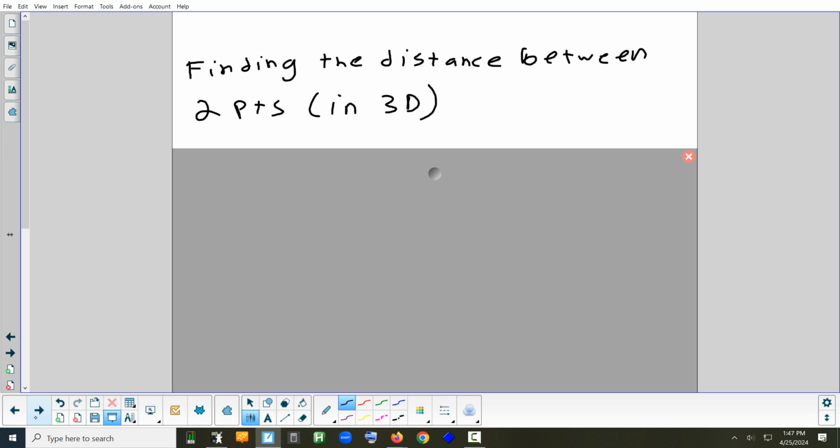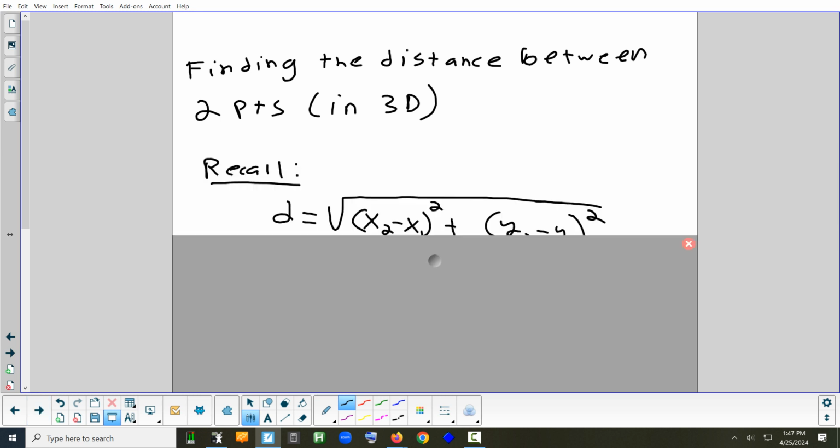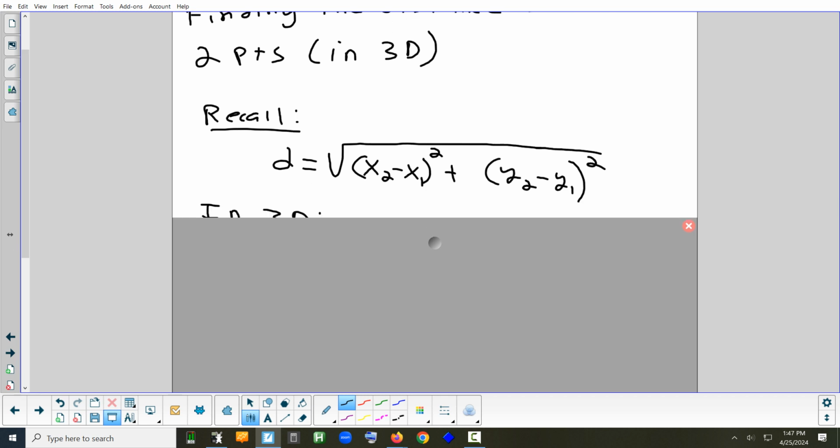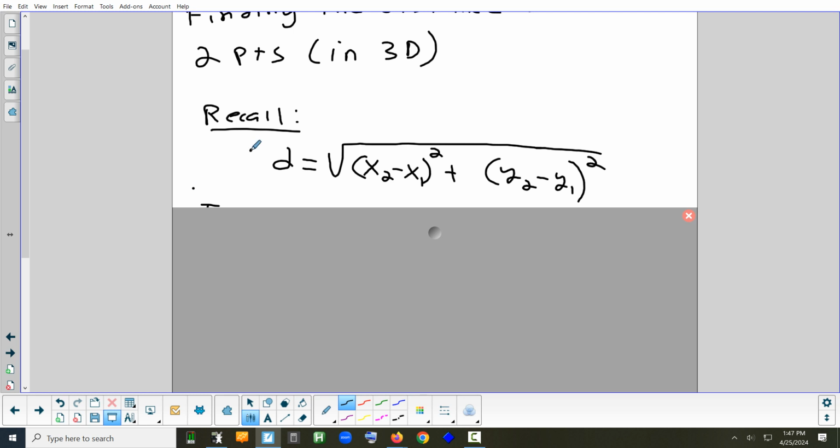So finding the distance between 2 points in 3D is going to be based off the formula in 2D. That's the distance formula in 2D. We did that way back. It's really just the Pythagorean theorem. The x1, the y1, the x2, and the y2, that's your coordinate. It's like where you're starting and where you're stopping.